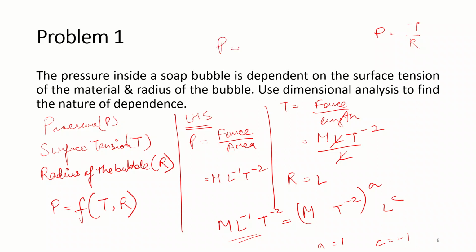So P is coming as K times T and R, surface tension and radius. So K will be the dimensional constant.